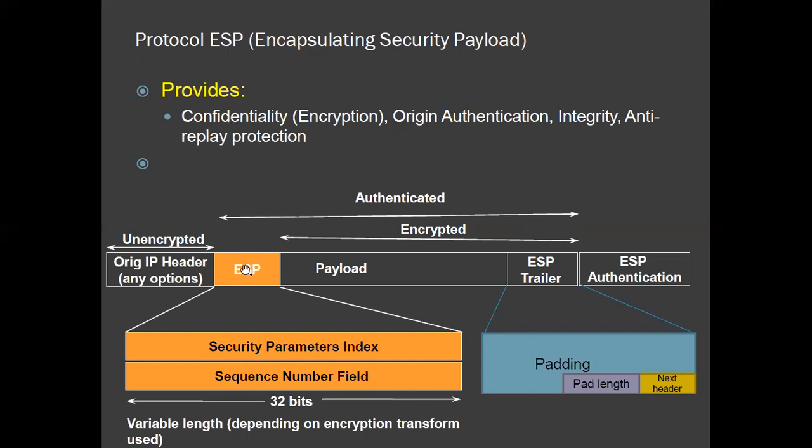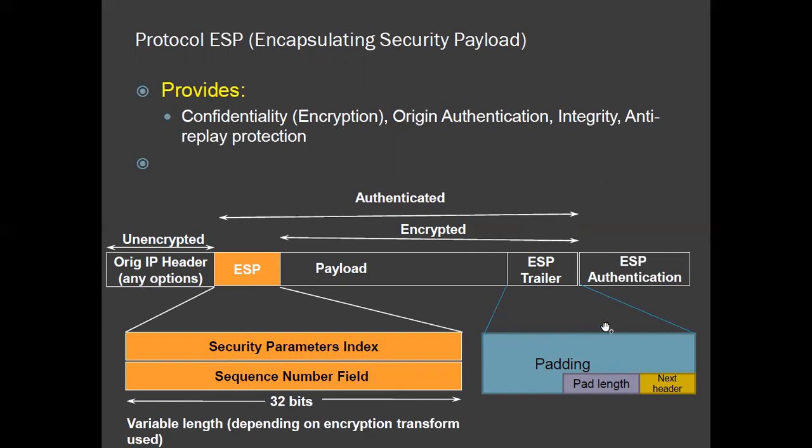Then the ESP header, payload and the ESP trailer are used to create the authentication data. And then the authentication data is added at the end of the ESP trailer. And then the IP header is added by replacing the value with 50.